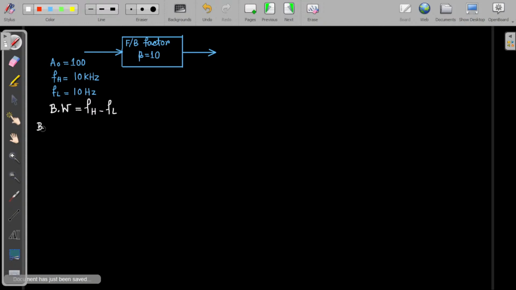So the bandwidth is equal to the higher 3 dB frequency, 10 kilohertz, minus 10 hertz. From this you can see that it will be nearly equal to 10 kilohertz, because 10 kilohertz is very much greater than 10 hertz.